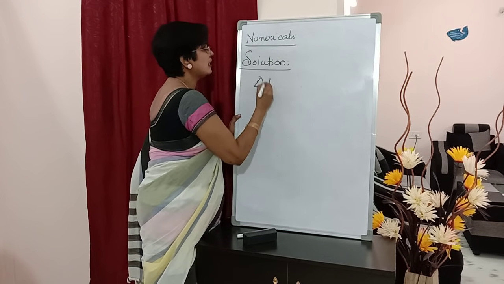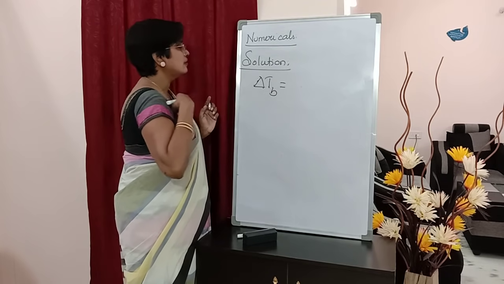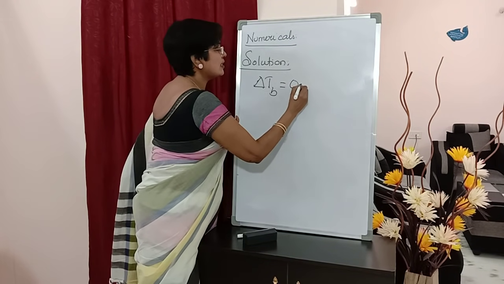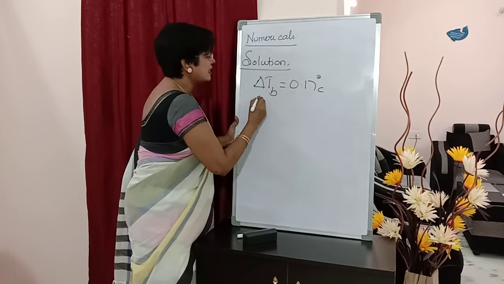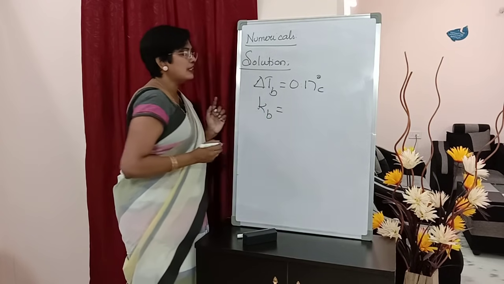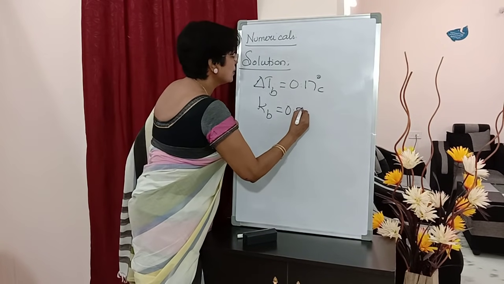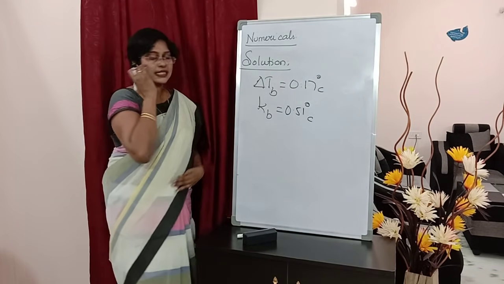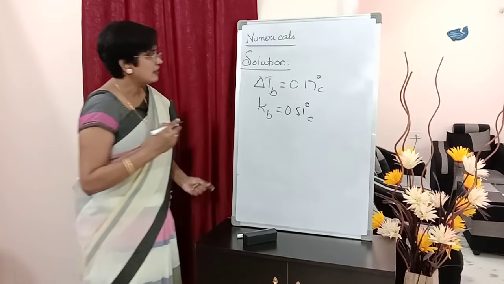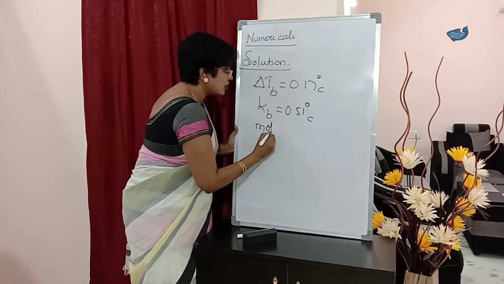Write up. Delta Tb is equal to, how much is it given, students? 0.17 degrees centigrade. Kb is given as 0.51 degrees centigrade. Now, molality is equal to question mark.